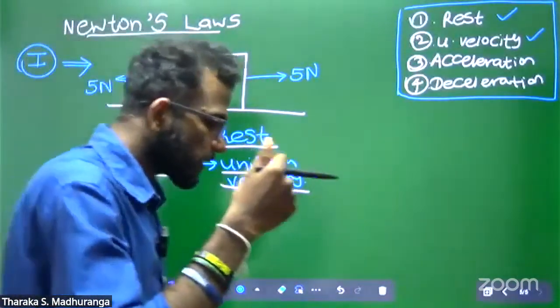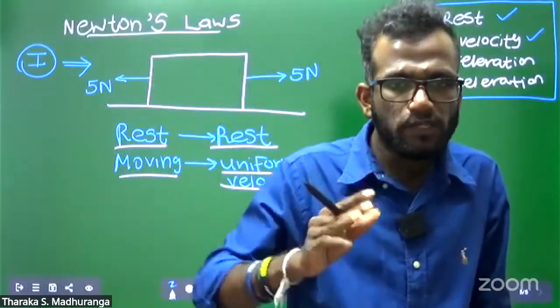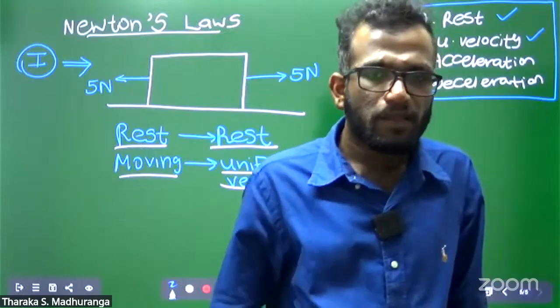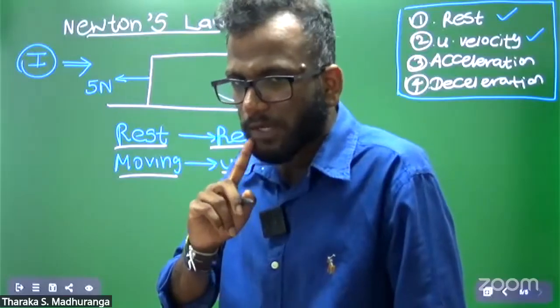That means we can say if any object is at rest or moving with uniform velocity, there is no unbalanced force. Are you good, or need me to explain again?